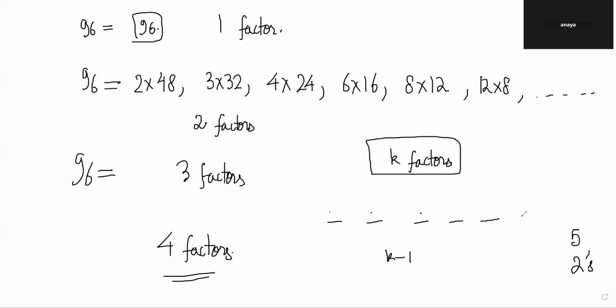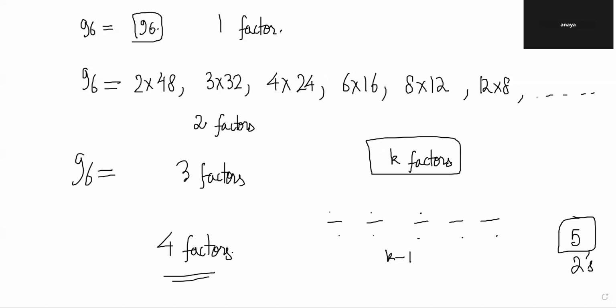Do you understand? Yes. This is the stars and bars method. The total is 5, and there are k minus 1 boxes, right?